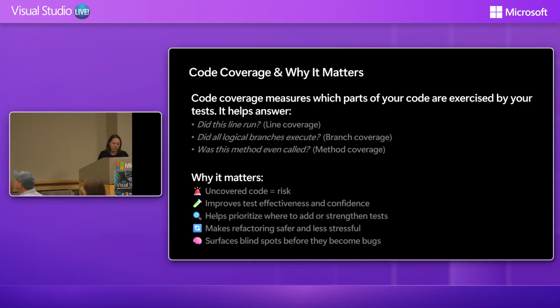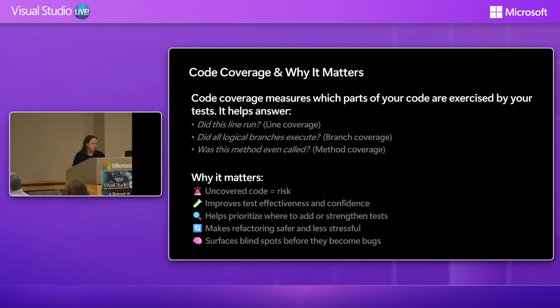So let's talk a little bit about code coverage, right? Just setting the base here so we can build off of it from there. Code coverage tells you which parts of your app and your code are being exercised in your tests. Did this line run? Did all of the logical branches execute? And were these methods even called?